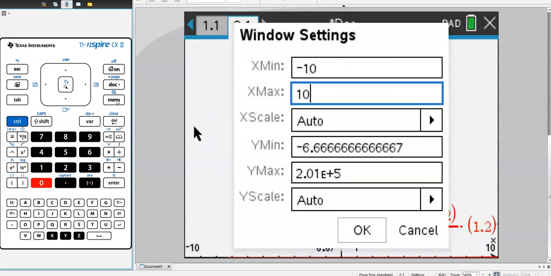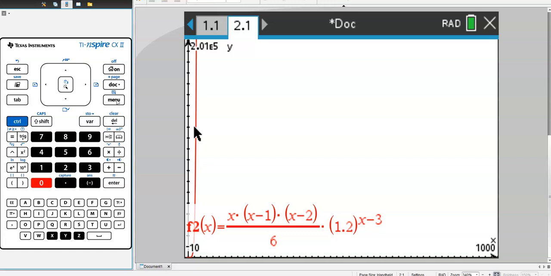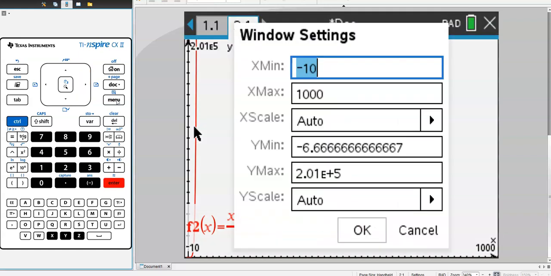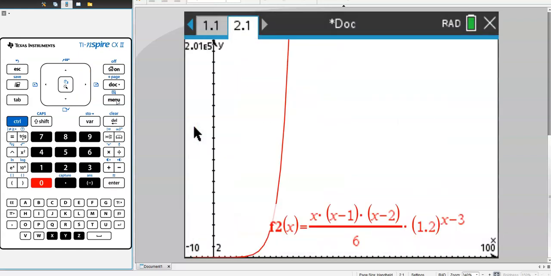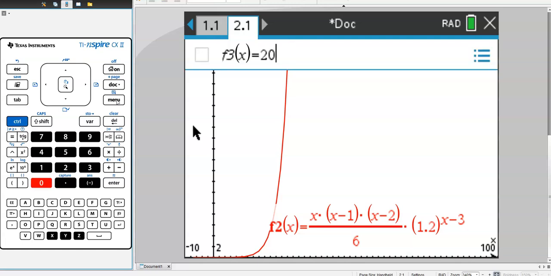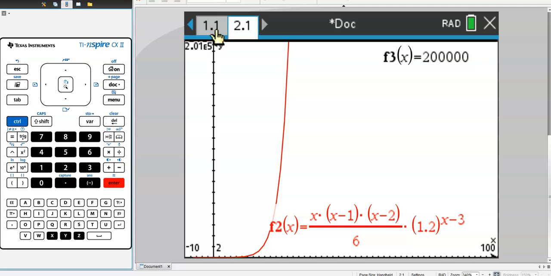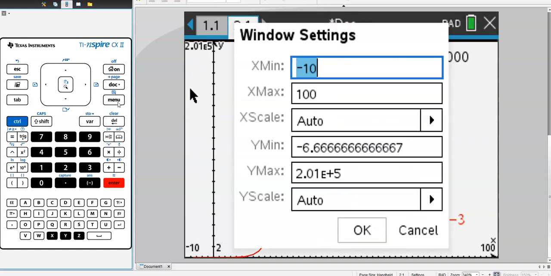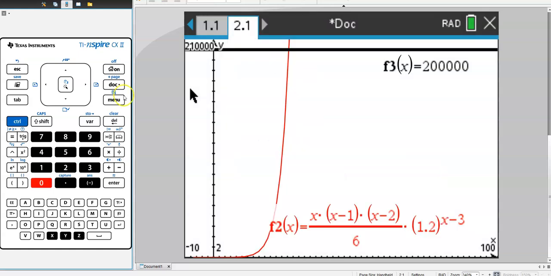You're thinking, well, why don't you just do this in nSolve? I'm thinking the same thing, but it's fun to play around with the windows sometimes. Okay, this looks about right. So we'll now type in 200,000. That is a line just up there. You probably can't see. Let's go window settings. Let's go 210,000. There we go. So we're looking to find this point of intersection up here.